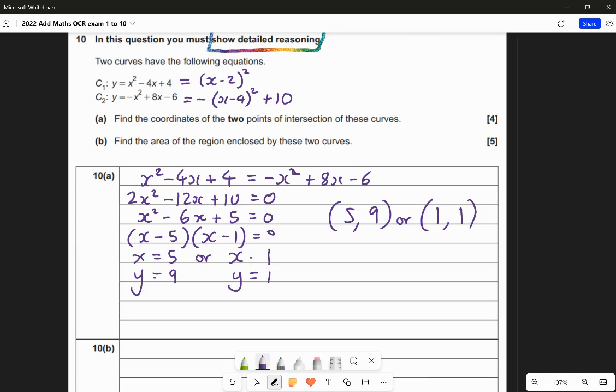So that completed square form helps me give the vertex of the curves. The vertex of the first curve is the point 2, 0. And that is a minimum point because it's a positive quadratic. Okay, so it's a U shape. And the vertex of the second curve is a maximum, and it's at the point 4, 10.